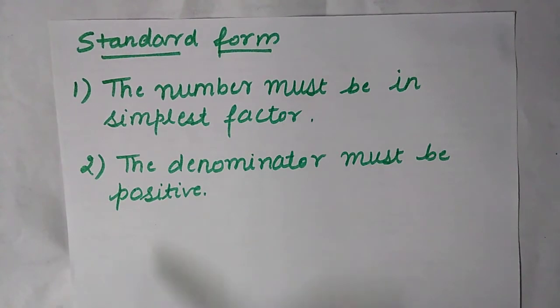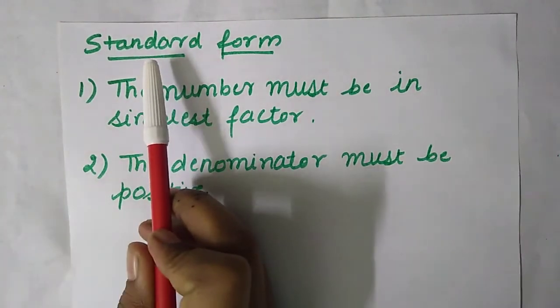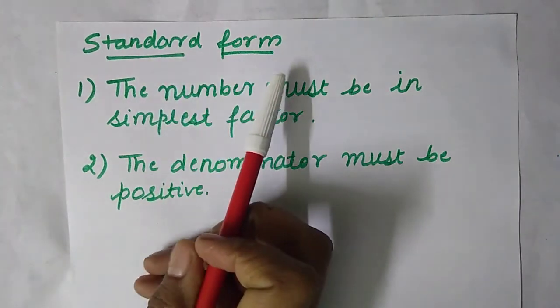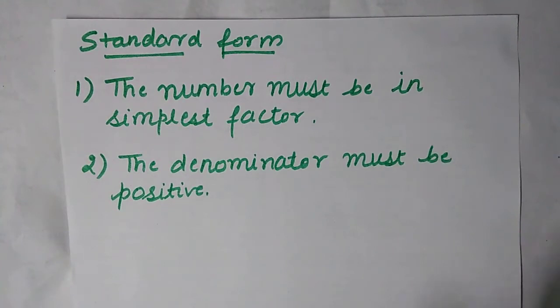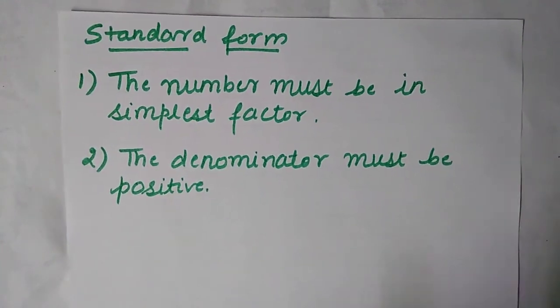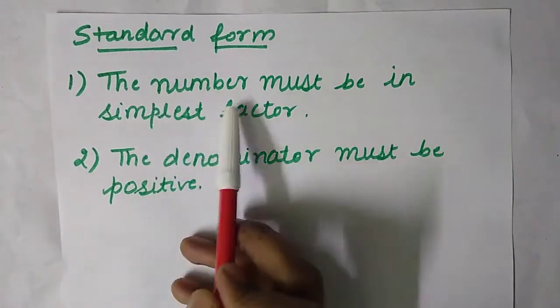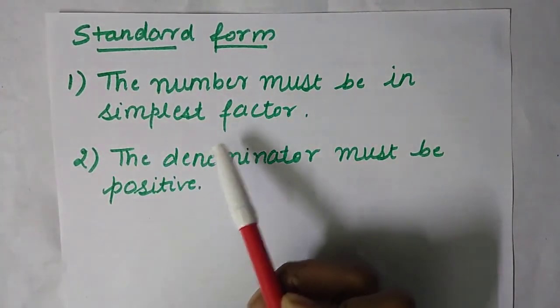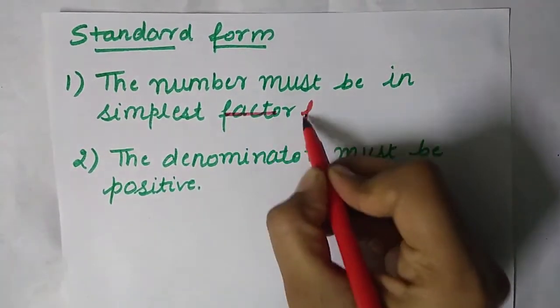Now, for today's lecture, our first topic is how to write a rational number in standard form. For writing a rational number in standard form, that number must satisfy two conditions. First, the number must be in simplest form.